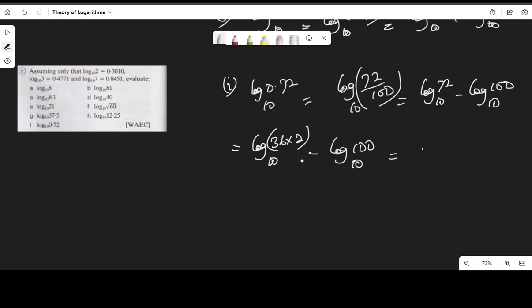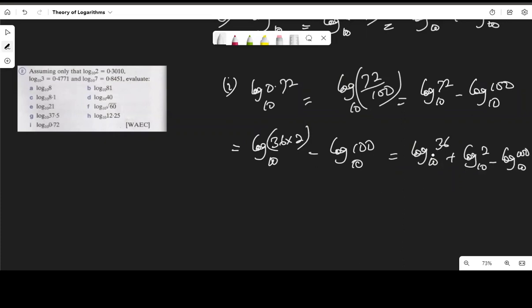And this will be log 36 to base 10 plus log 2 to base 10 minus log 100 to base 10.